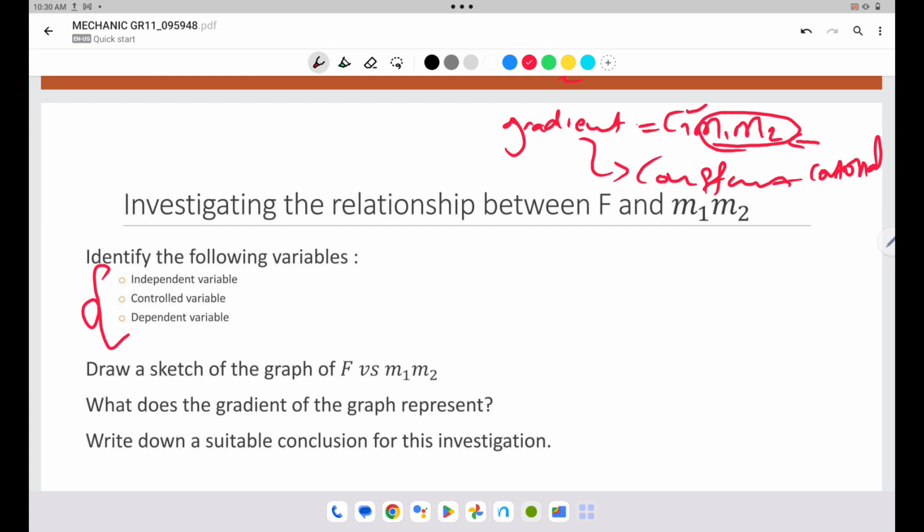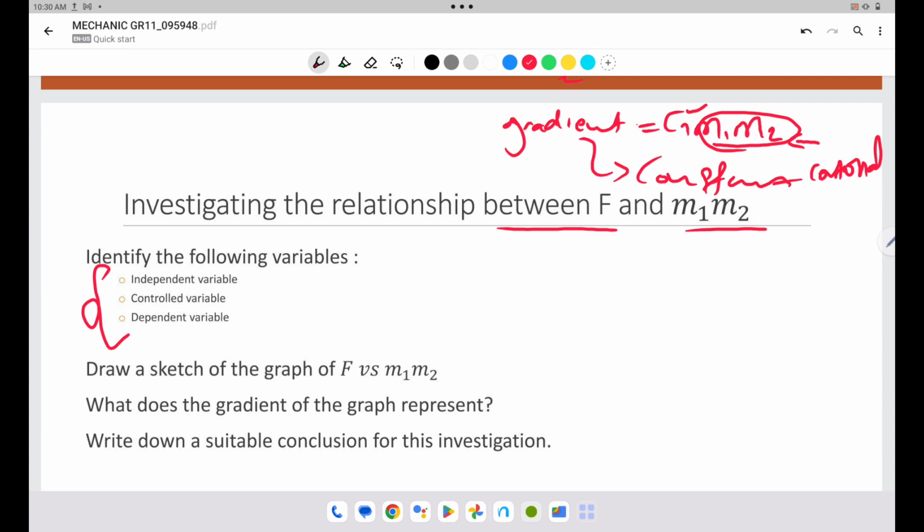Also the investigative question, the aim, the hypothesis. So let us just take it one step at a time. For you to be able to write down the aim, the hypothesis, and investigative question, you need to know what your variables are. So over here, we want to investigate the relationship between the force and the product of the masses.